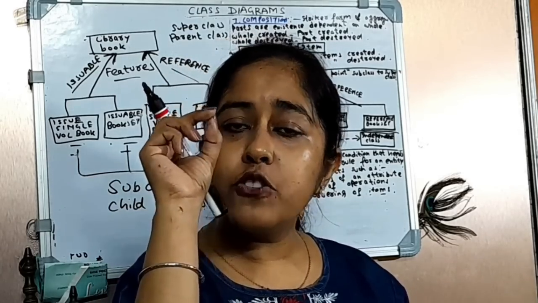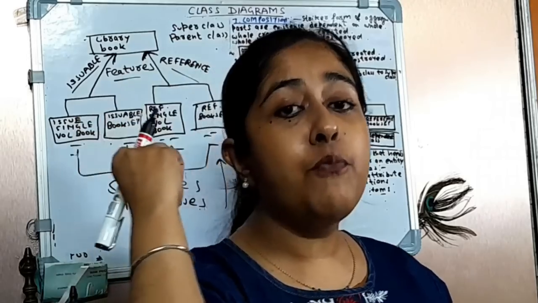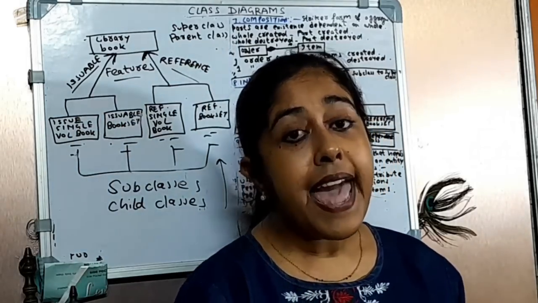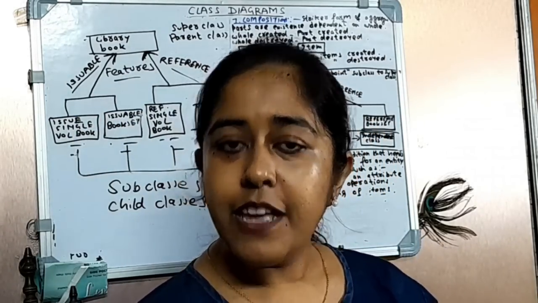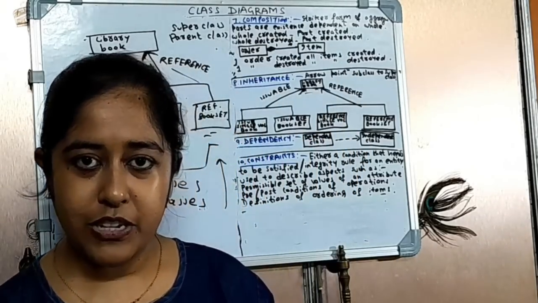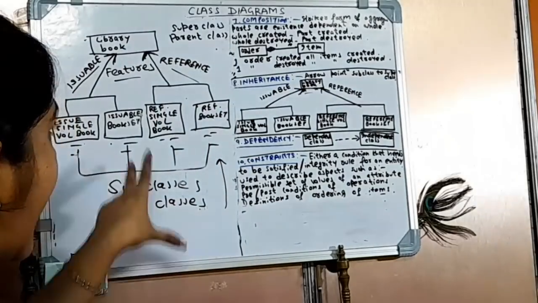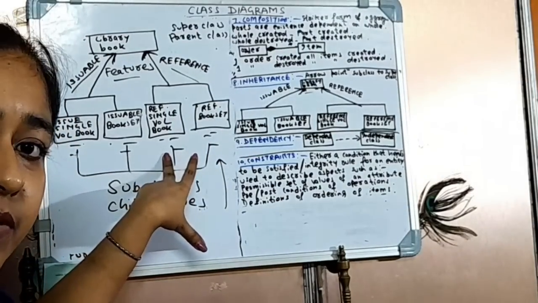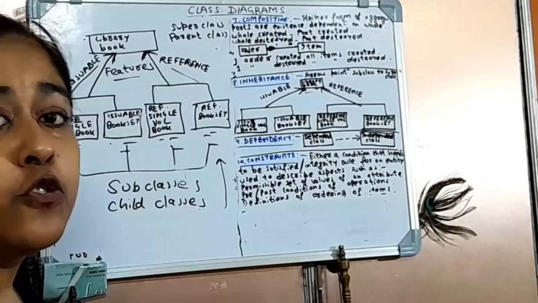So wherever you show the arrowhead, it will point to the superclass, and the end of the arrow will show you the subclasses. So this is basically what is there in your inheritance relation. Again, child classes are there, any number of child classes you can have, and those child classes will have a superclass.